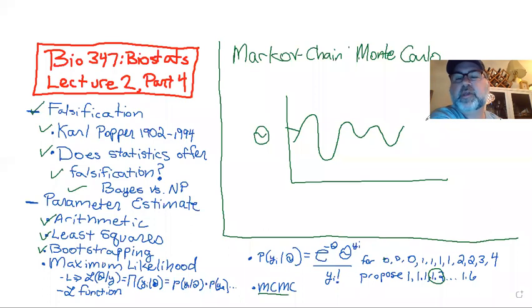Right. What you get is something like this. And you say, here's my mean theta, but then I also have plus or minus some distribution, right? Some standard deviation.